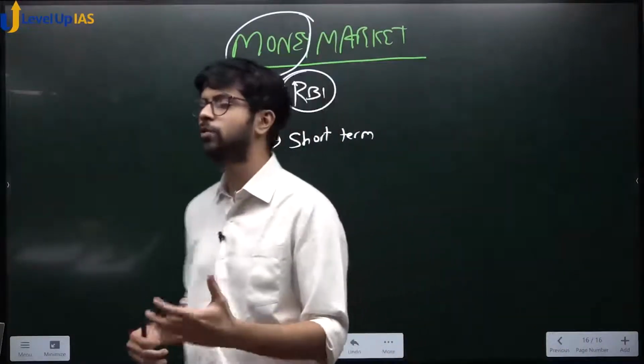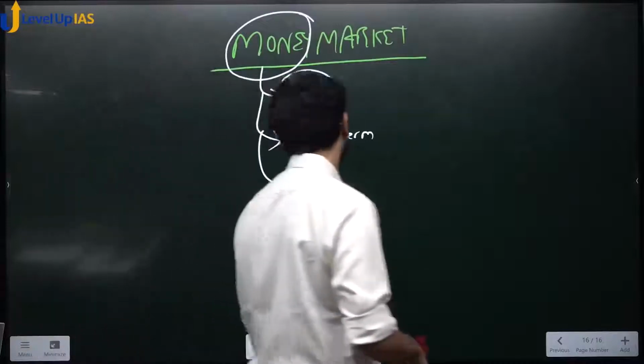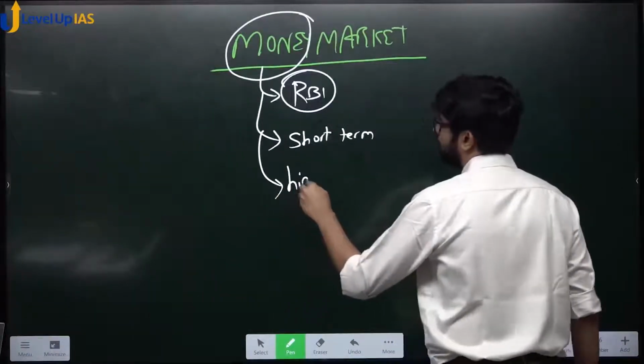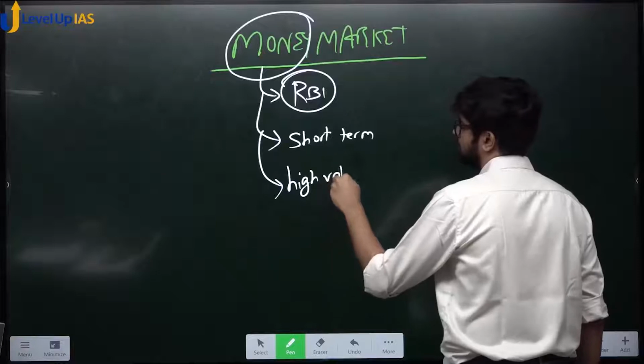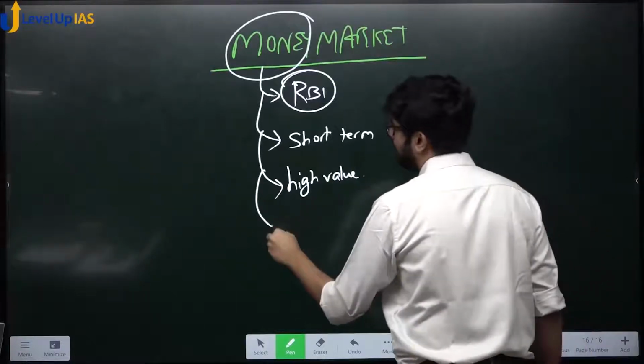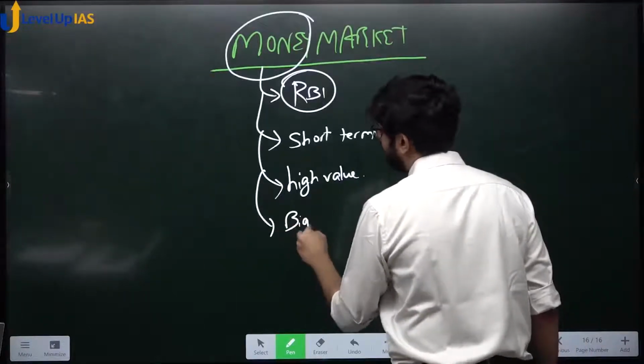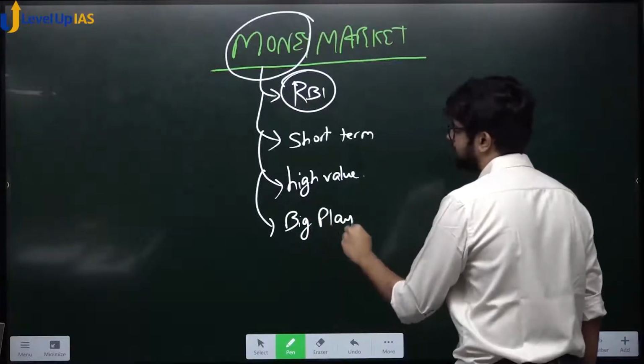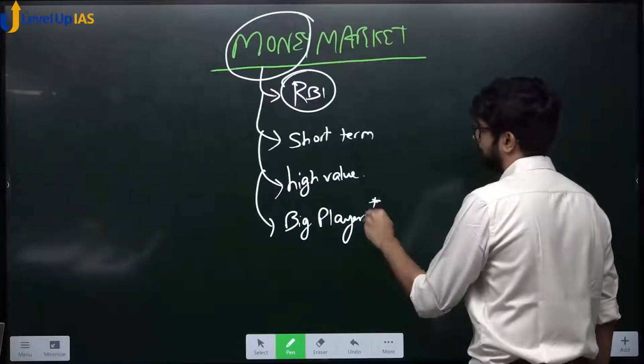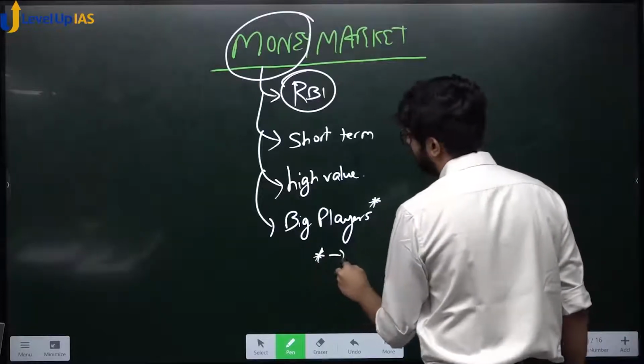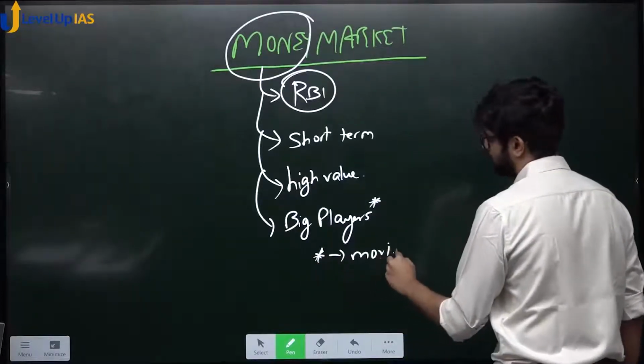I'll tell you, I'll show you how it is there. Okay? So money market is for high value transactions. Money market mein big players play, small players don't play. There is an exception to this. Exception, we are moving towards small players also.